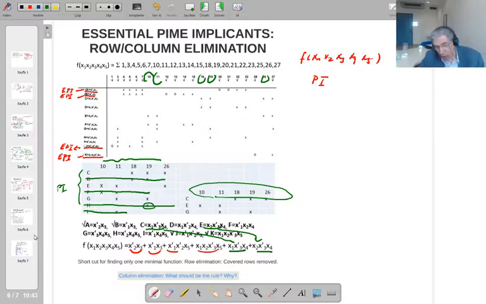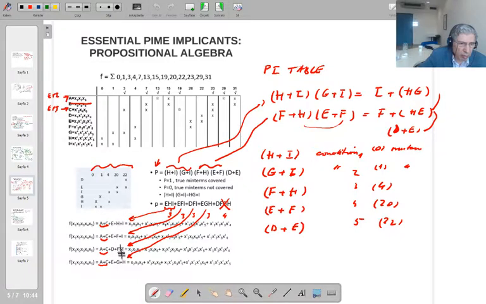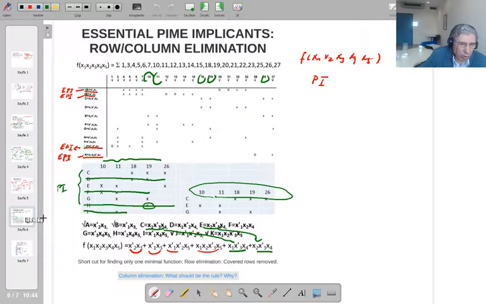So you might ask now: there are 2 methods, and one of them is faster than the other, so why do we need the first one? The answer is this. In the first one, we found all the prime implicants, but in the faster method, I find only one minimal function.